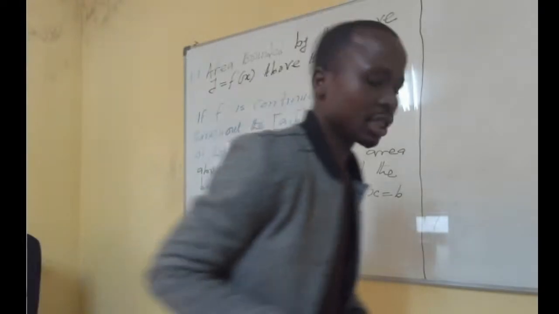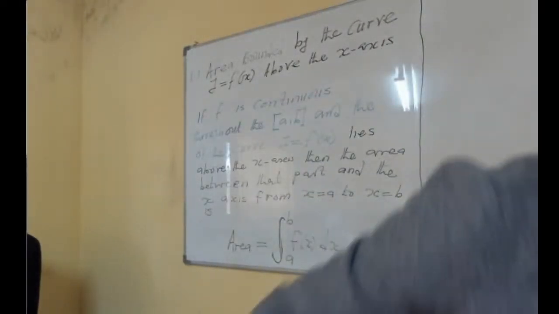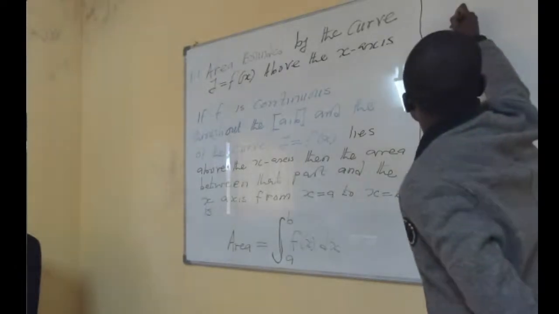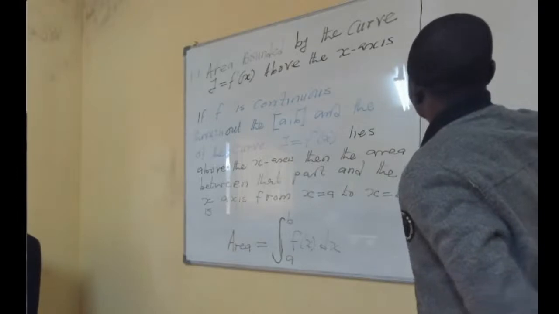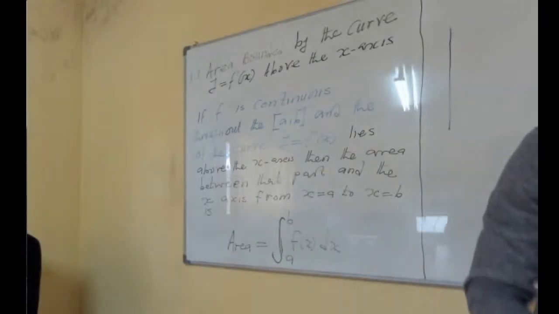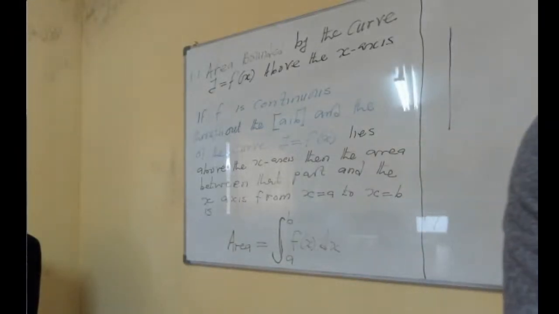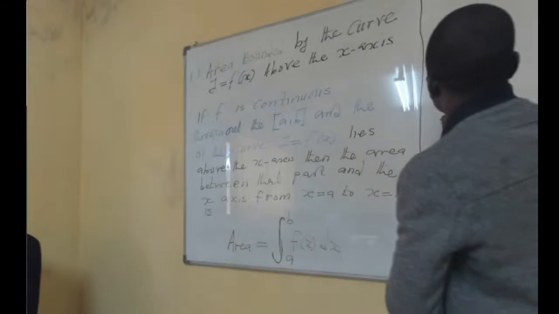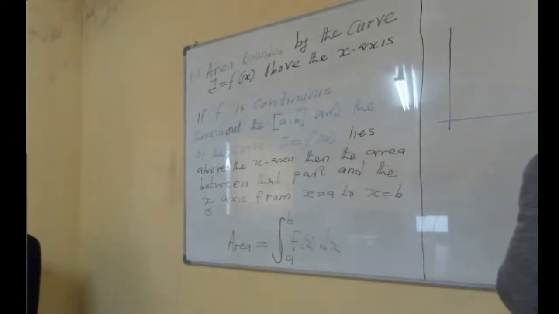Now, how does this region really look like? This is how the region looks like. An example of such a region is the one I'm sketching here.